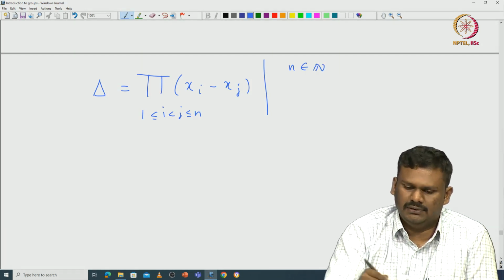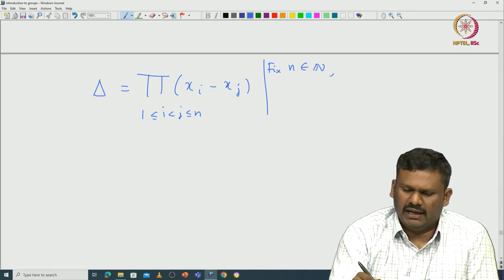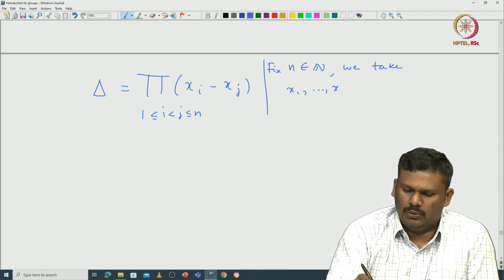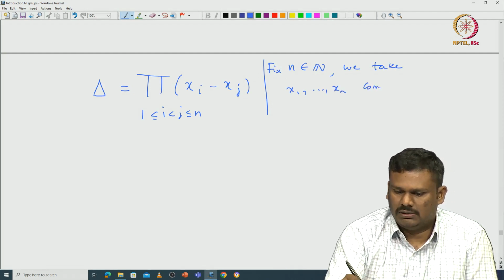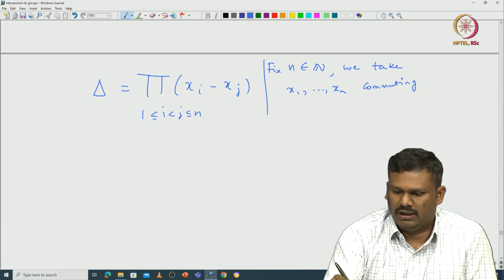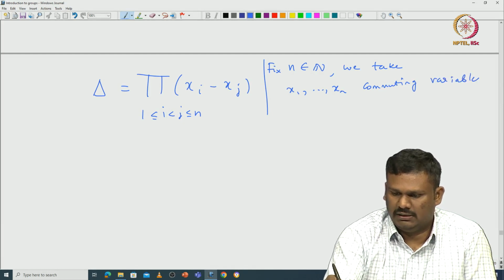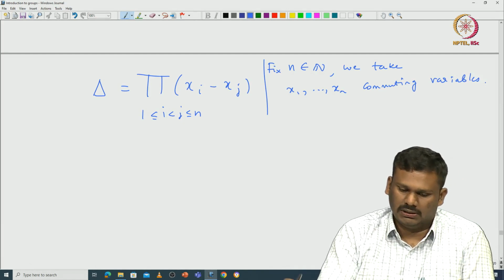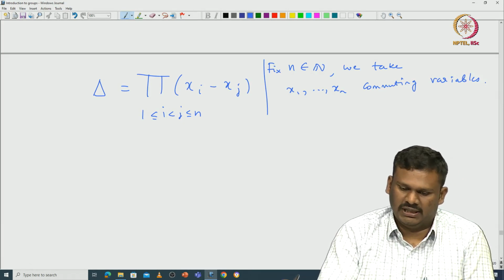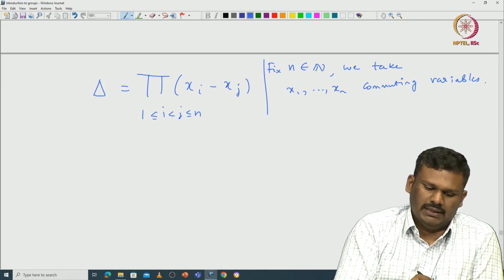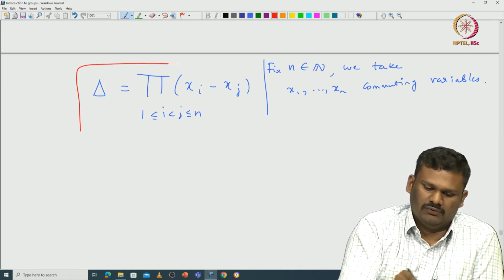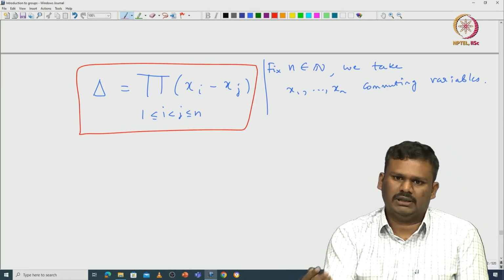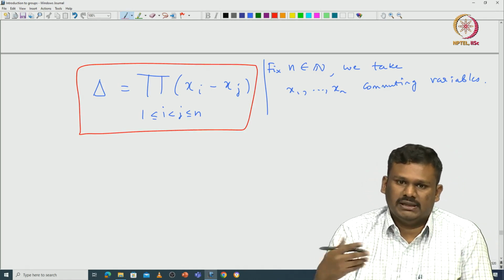Given this n, we take x_1 etc. x_n, which are all commuting variables, and consider the multivariate polynomial in x_1 etc. x_n, that we call delta. This delta is very important. The sign of any permutation can be defined using this delta.